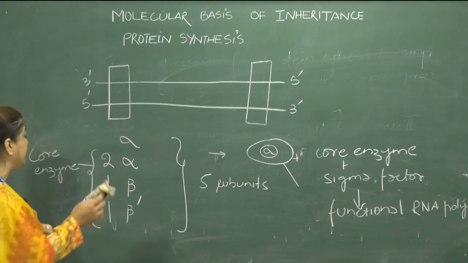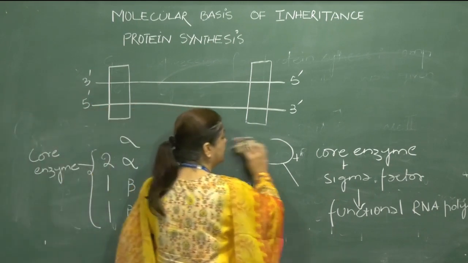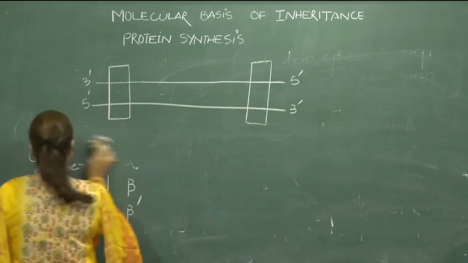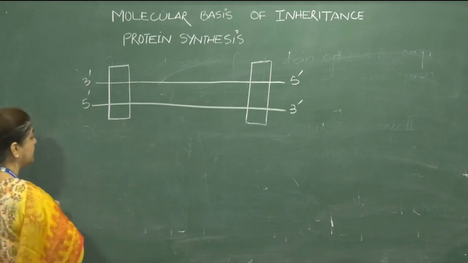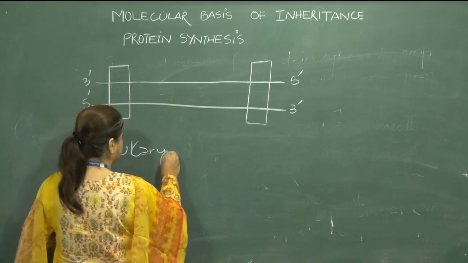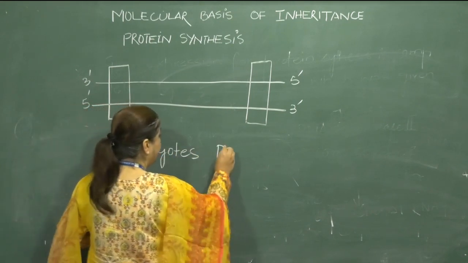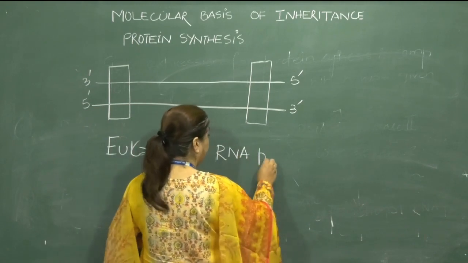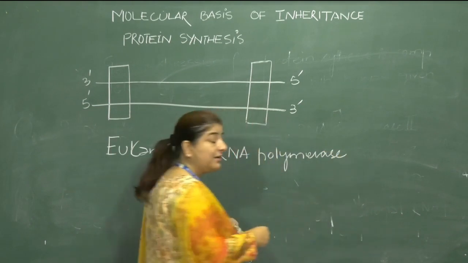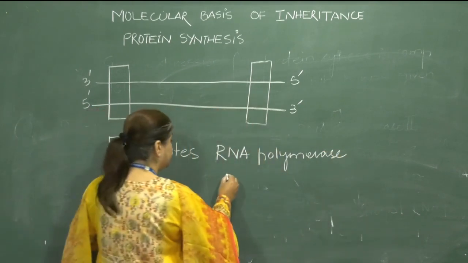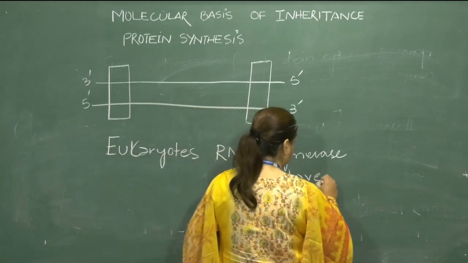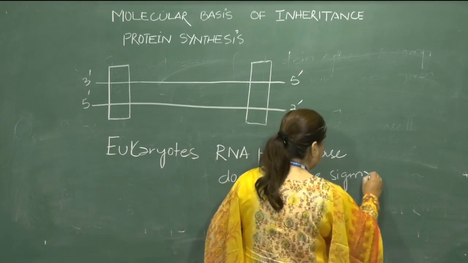Now talking about the eukaryotes, in eukaryotes, RNA polymerase does not have sigma factor.